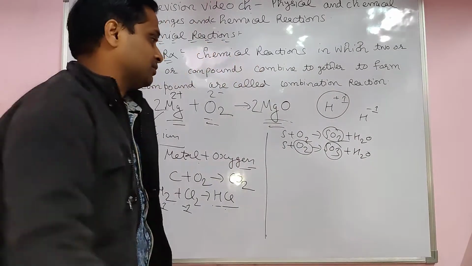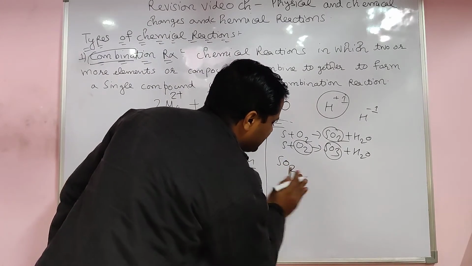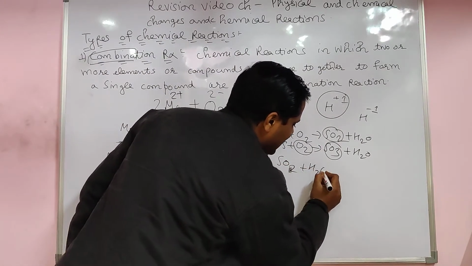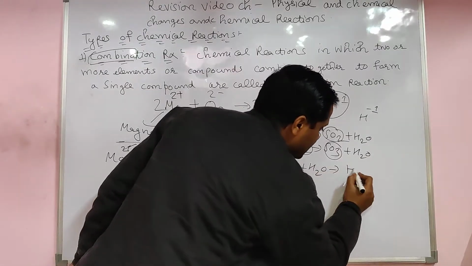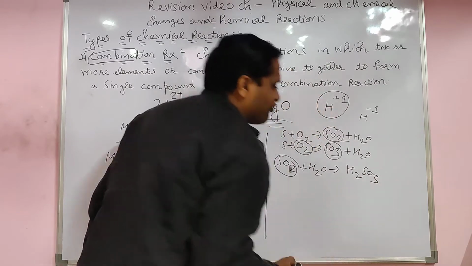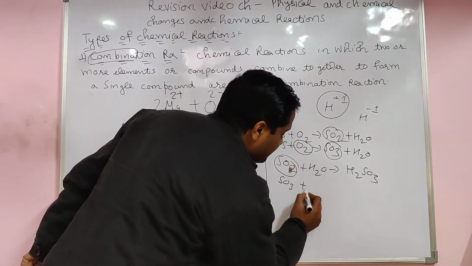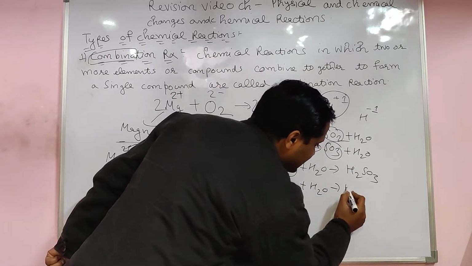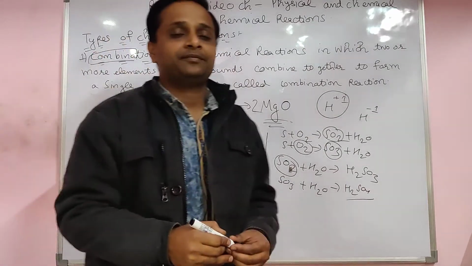When there is rain, these oxides combine with water and form acids, because a non-metal oxide, when it reacts with water, gives us an acid. This is sulfurous acid. But when you take SO3, it forms sulfuric acid, H2SO4, students.